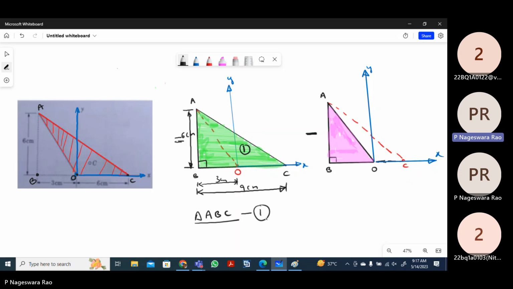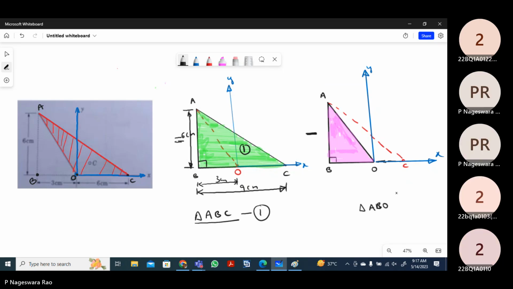From this area, we have to remove this triangular area ABO. That is the second area. And we know that the dimensions are like this: this is 3 centimeters, and this will be 6 centimeters.